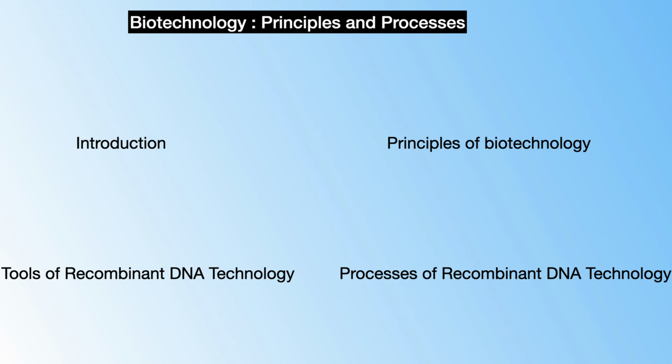To find our transformed cells, we use a clever biological trick involving antibiotic resistance. Imagine the vector we built earlier did not just have our gene of interest, it also contained a survival gene, specifically a gene for ampicillin resistance. Here is how the selection works.